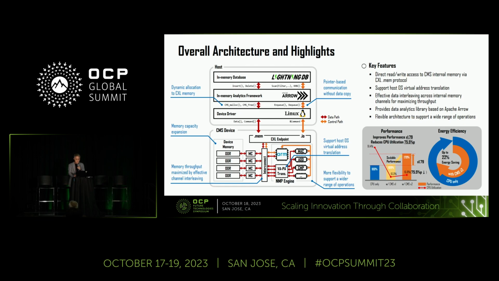This slide provides an overview of the CMS 2.0 architecture. Given its memory nature, the CPU can have direct and unrestricted access via the CXL.mem protocol. In comparison to our 1.0 version, CMS 2.0 supports host-OS virtual address translation also.